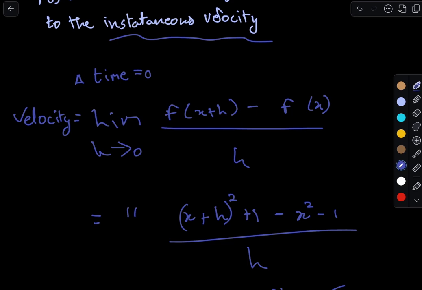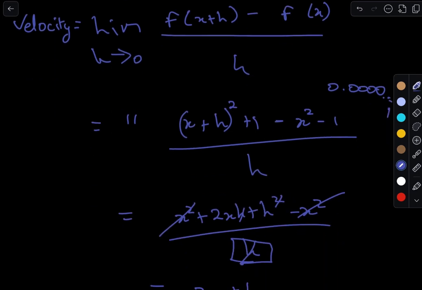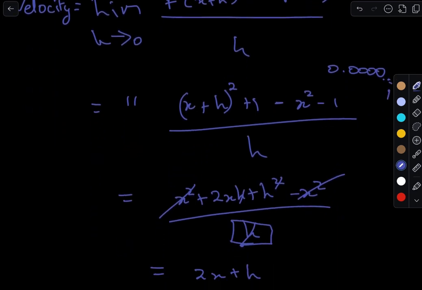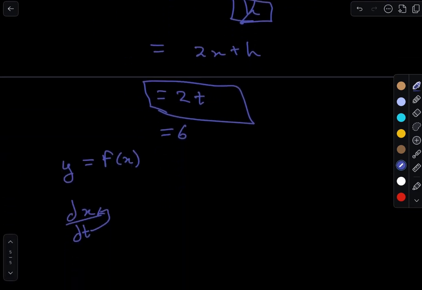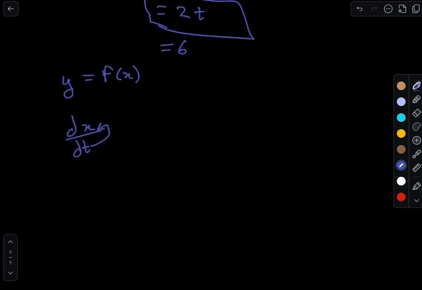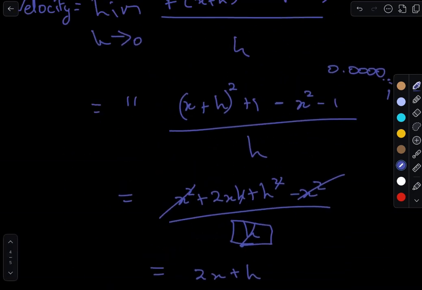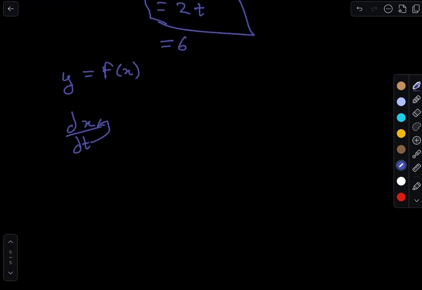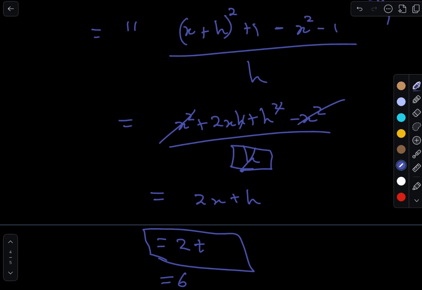It's the same formula that we use for average velocity, but h is very close to 0, like 0.0000 and so on 1. That is h, but it gives the exact value. Why? Well, because h is basically 0, but we can't divide by 0. h is approaching 0, it's not 0, and somehow that works.